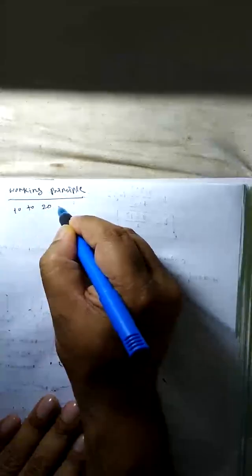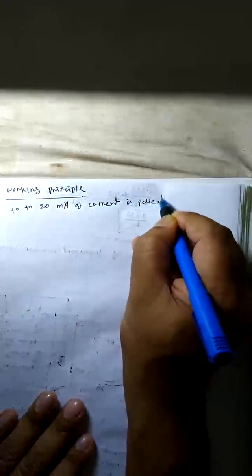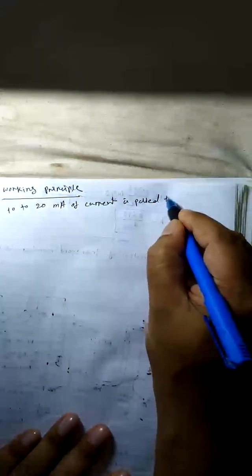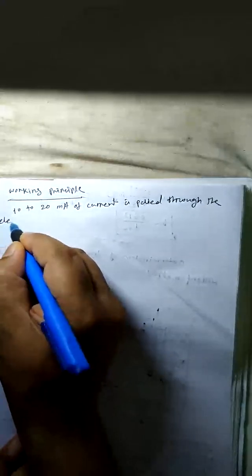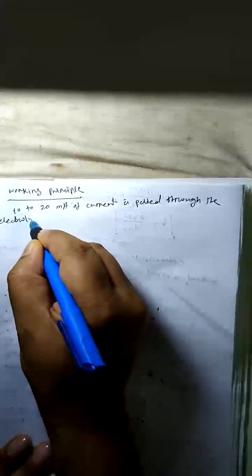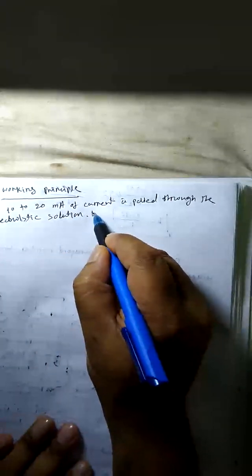In the working principle, 10 to 20 milliampere of current is passed through the electrolytic solution for 2 to 3 hours.